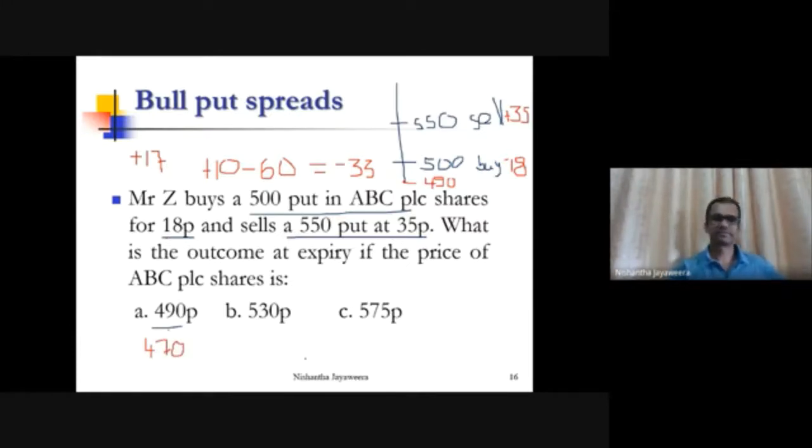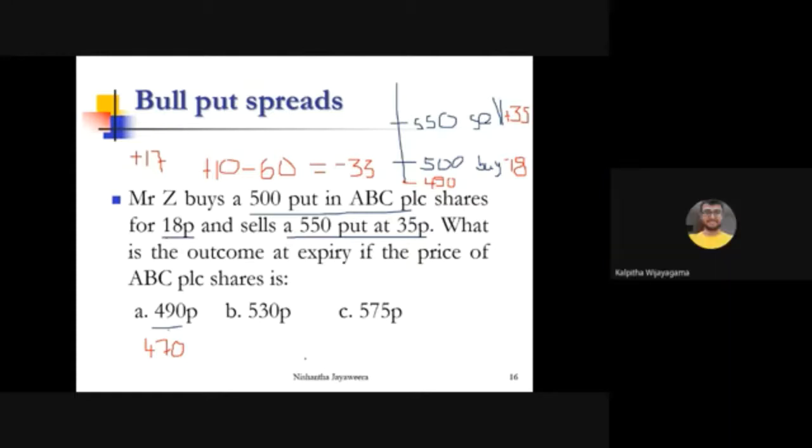What would happen? It's negative 53. Still negative? Both, yeah. 53, right?